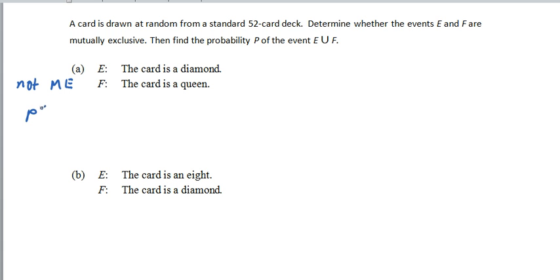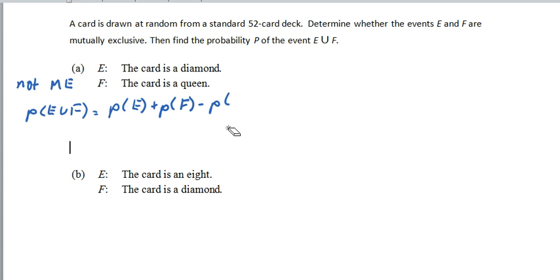So the probability of E union F is the probability that the card is a diamond plus the probability that the card is a queen minus the probability that the card is a queen of diamonds.